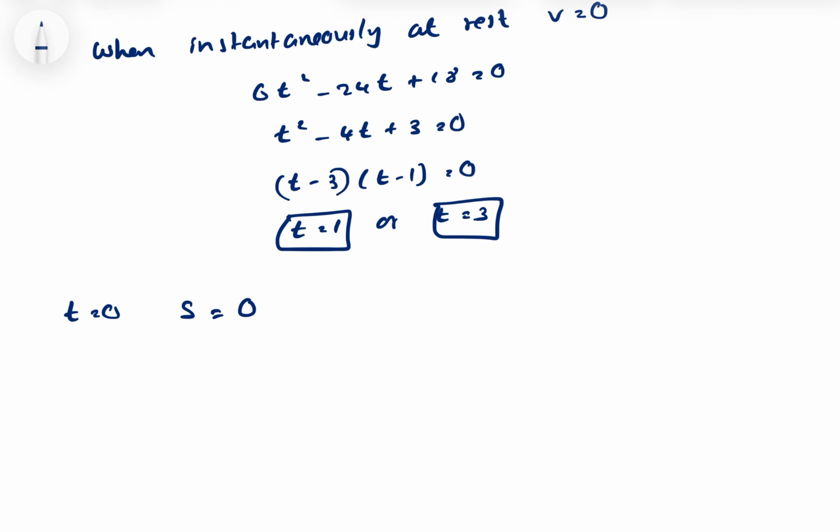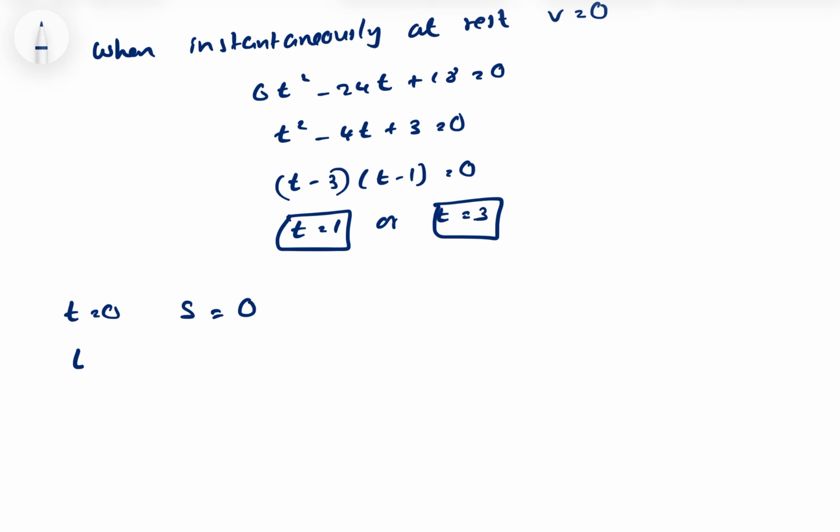So at the beginning, the particle was at point O. Since the particle is instantaneously at rest at two different points, it's probably changing the direction of motion. So it's better to find the displacement from O at t equals 1 and t equals 3.